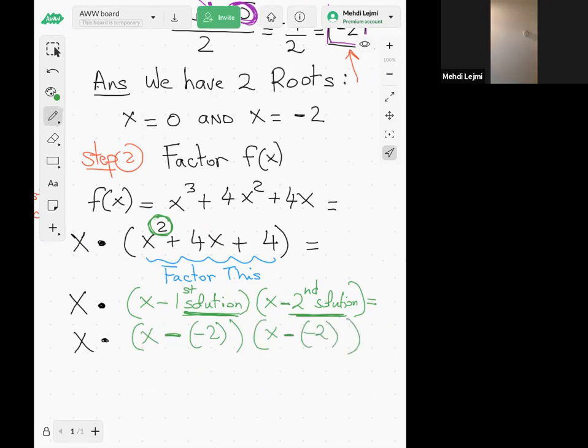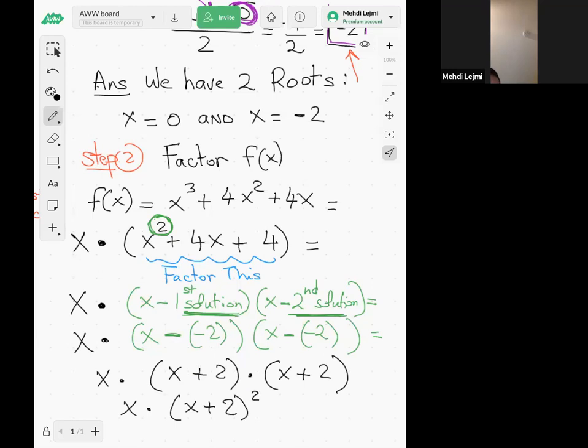So this is actually x times x plus 2 times x plus 2. So of course, it's x times x plus 2 squared.